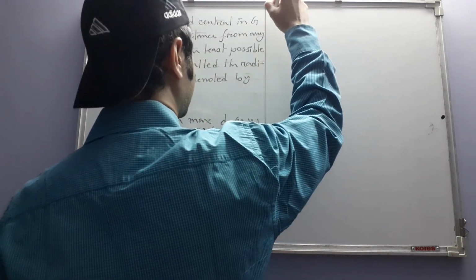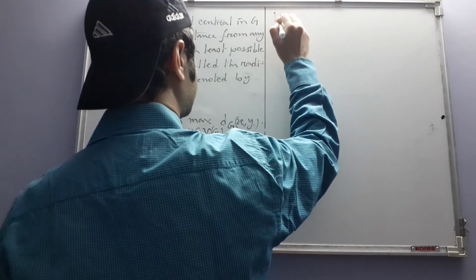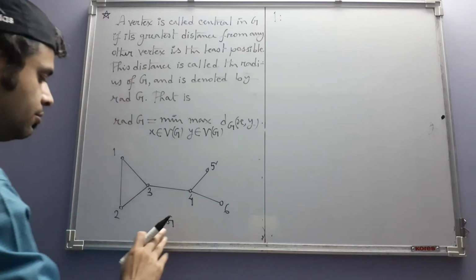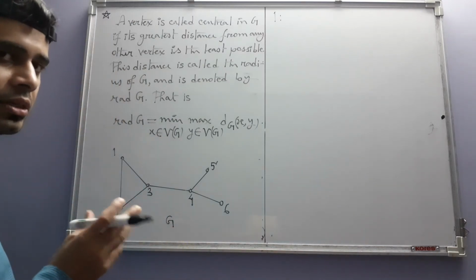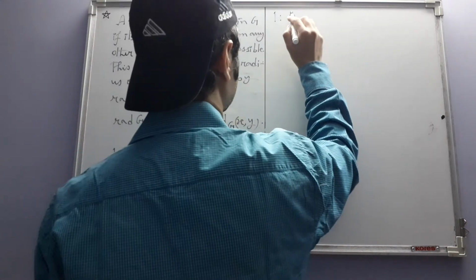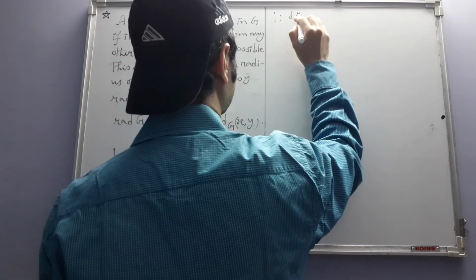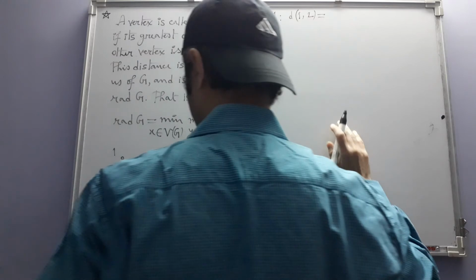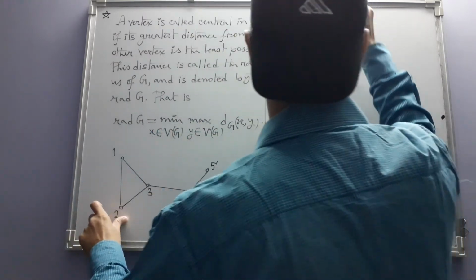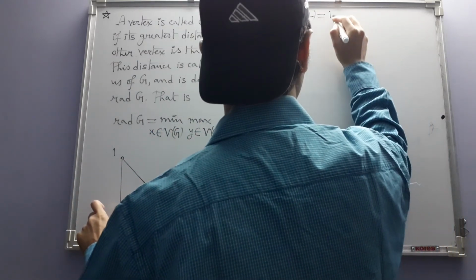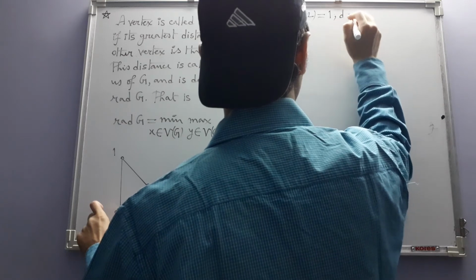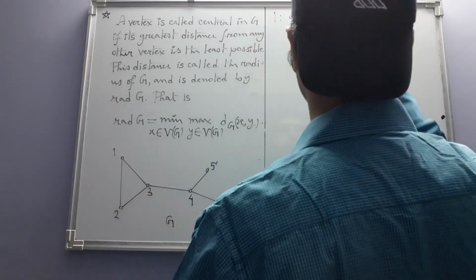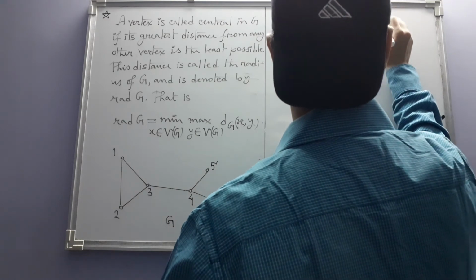Okay, so when our vertex is 1, since there is only one graph, there is no need to write G as a subscript in writing the distances. The distance between 1 and 2 is of course 1. The distance between 1 and 3 is also 1.